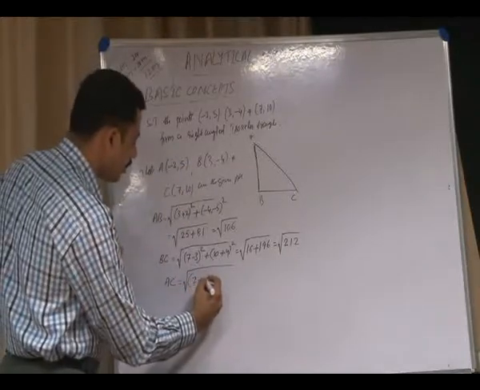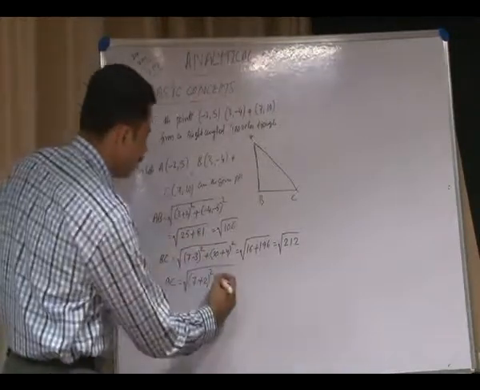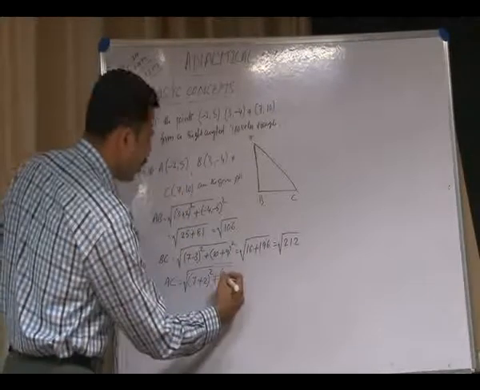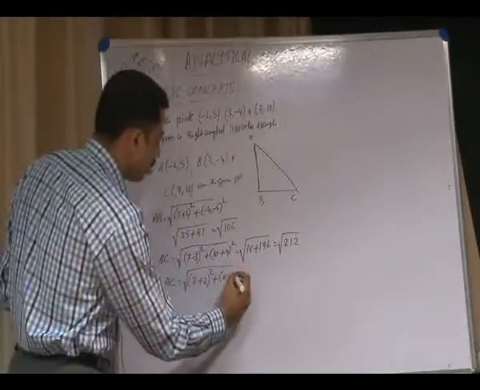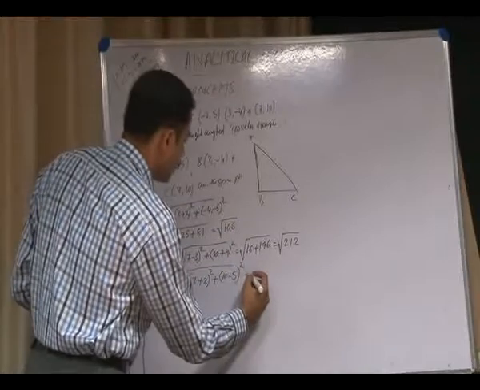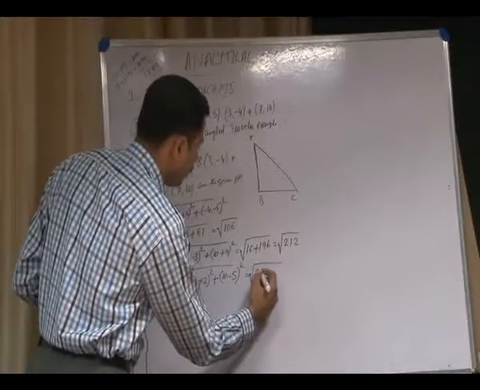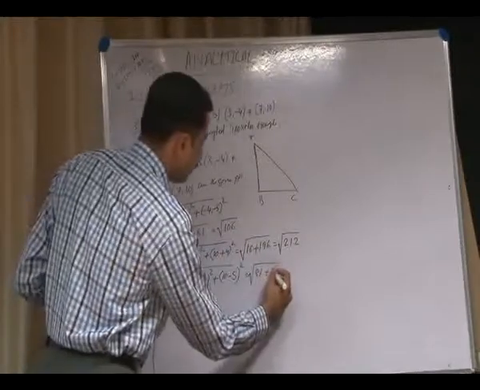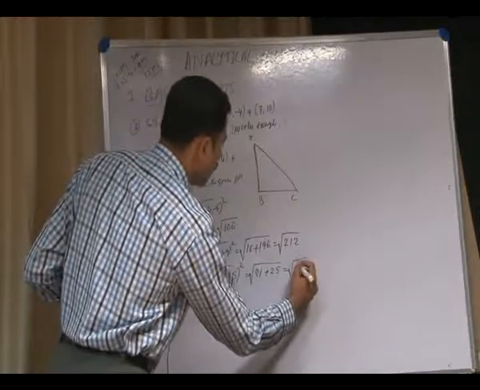Minus of minus becomes plus 2, so 7 plus 2 whole square. y2 is the y coordinate of C, that is 10, minus y1, the y coordinate of A, that is 5, so 10 minus 5 whole square. Simplifying, we get square root of 7 plus 2 is 9, 9 square is 81, plus 10 minus 5 is 5, 5 square is 25. So square root of 81 plus 25, we get square root of 106.